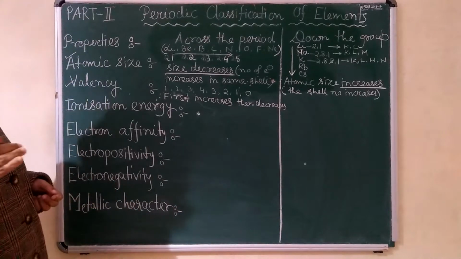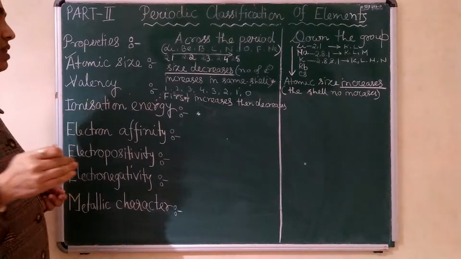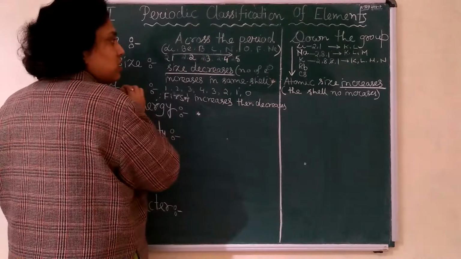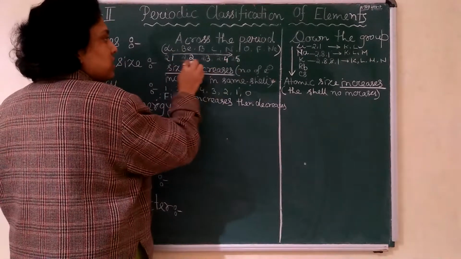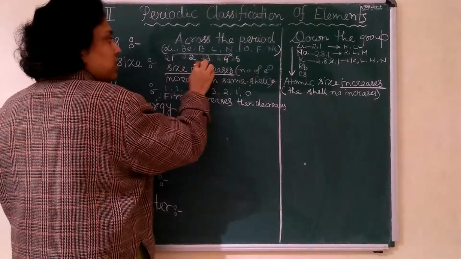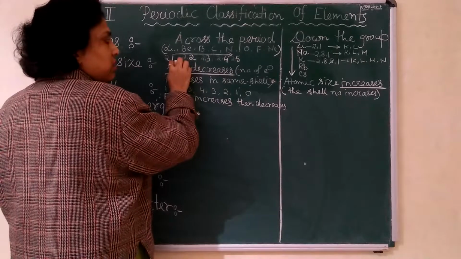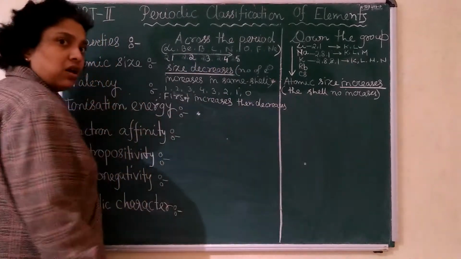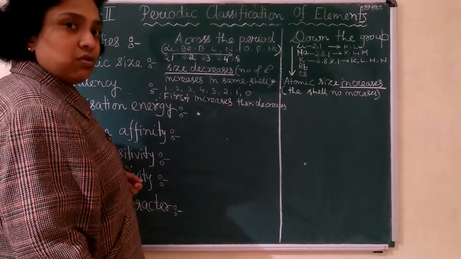First, it depends on the valence electron. See here 1, 2, 3, 4. Till this 4, whatever electrons the valence shell has, that many electrons the element will lose.